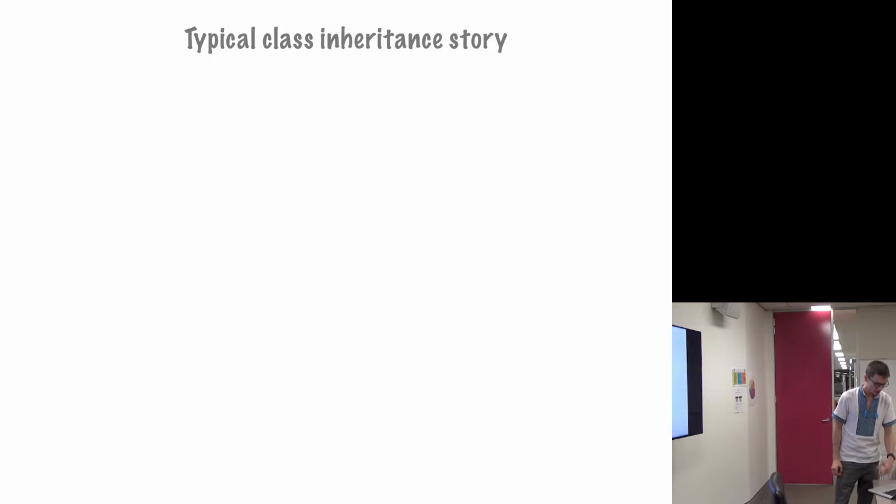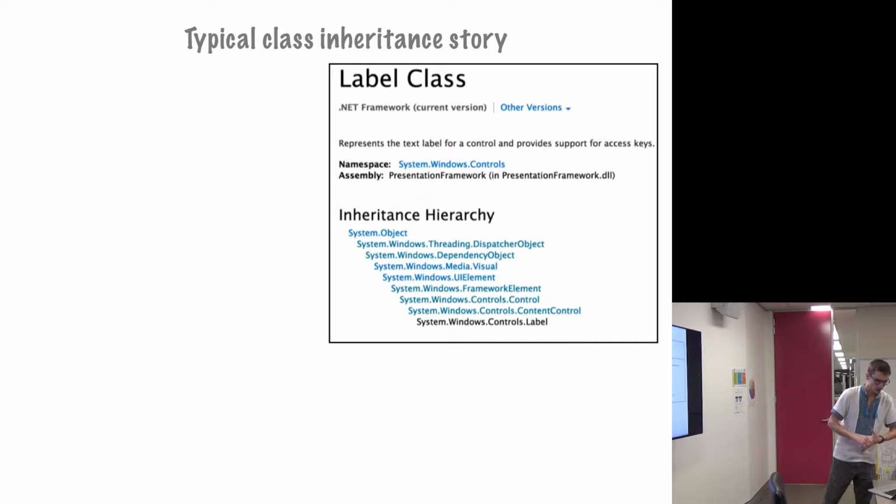If you think I just came up with this now, you probably all have stories like that with large classes with hundreds of methods. And when I say hundreds of methods, I'm not exaggerating. Let's take a look at how you put text in a Windows application. This is a label from WPF or Silverlight or whatever.